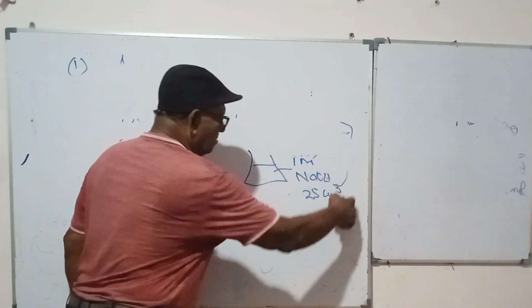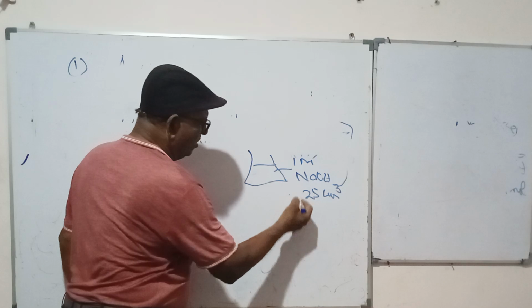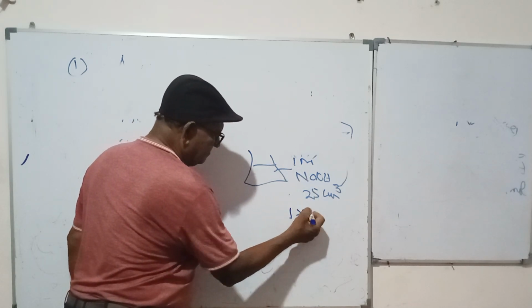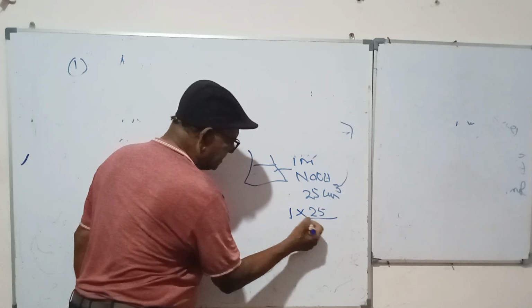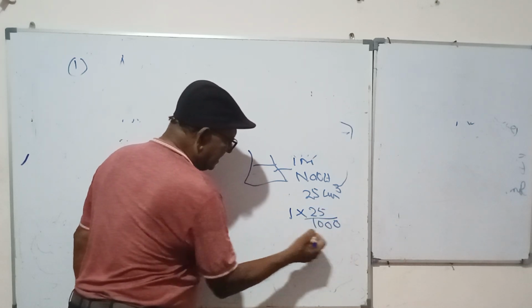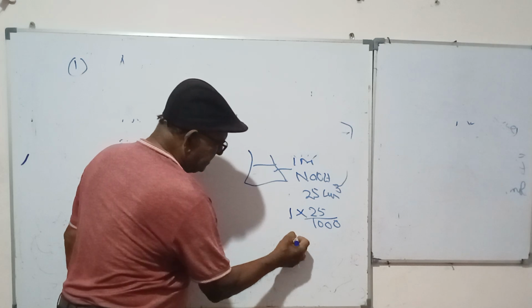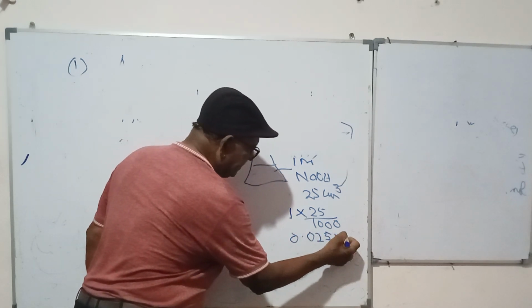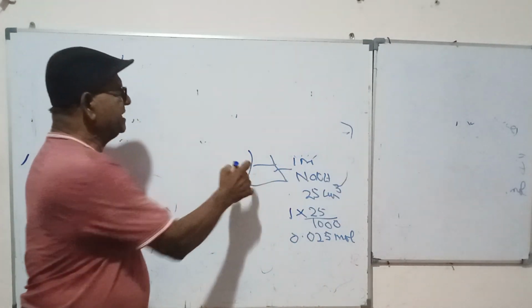Then we know the number of moles. How many moles have we taken? Concentration 1, volume 25 divided by 1000. Then how many moles? 0.025 mole of NaOH has been taken.